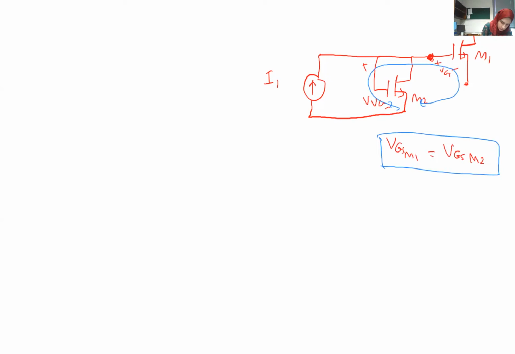So I out equals, since M1 is ideally in saturation, with VG also called V1, this is VGS or V1 minus V threshold squared.